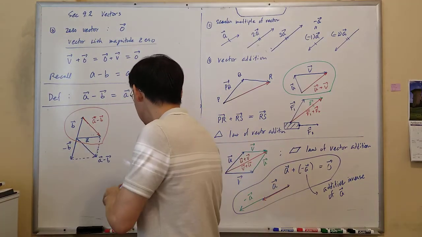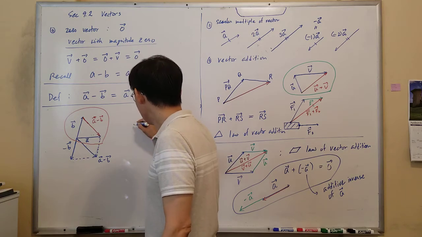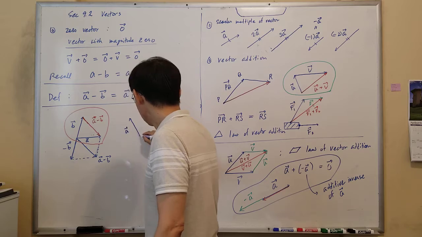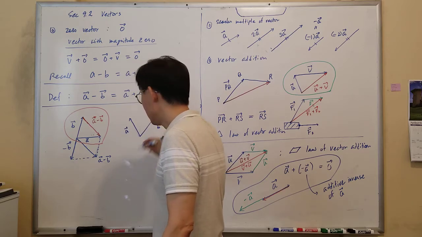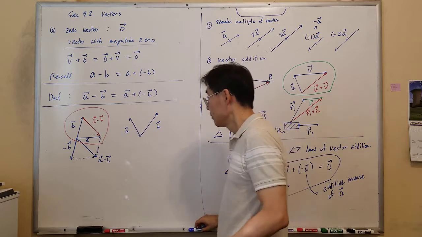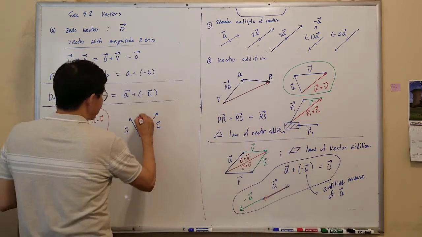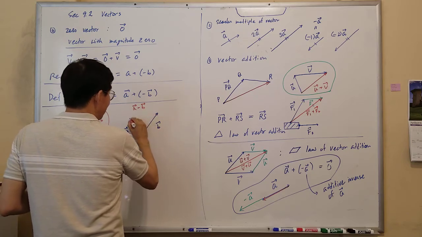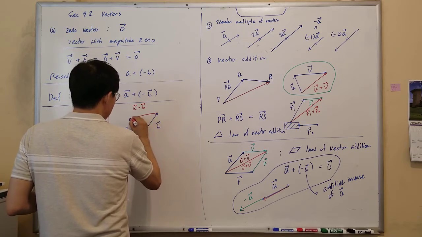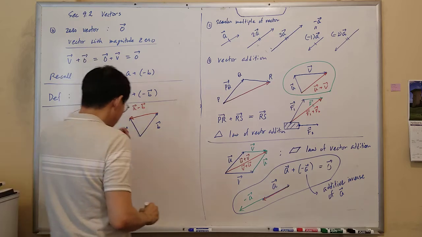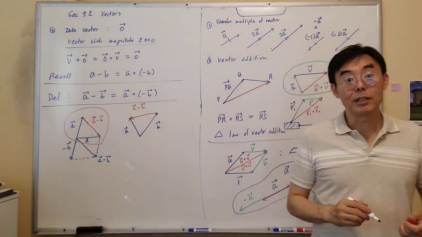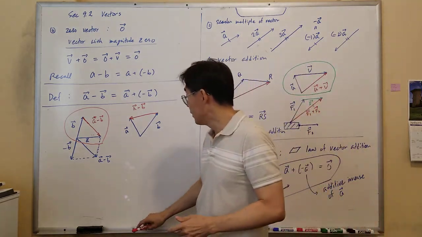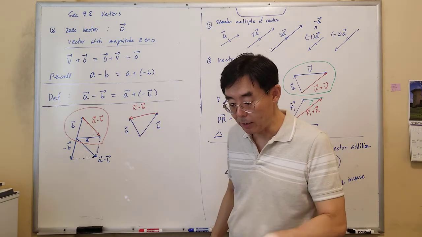If you have, let's say, vector A over here and vector B over there, for A minus B you start from the tip of the subtracting vector toward the tip of the subtracted vector. That's how you can get the subtraction of two vectors quickly.